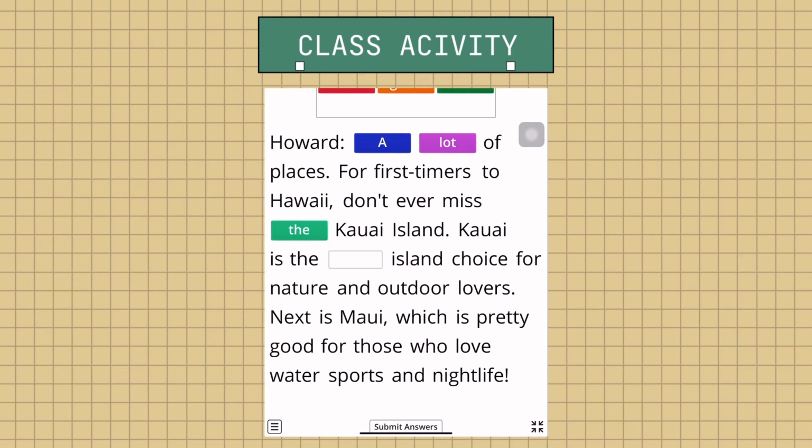Kauai Island is the best island choice for nature and outdoor lovers. Next is Maui, which is pretty good for those who love water sports and nightlife. Okay, let's check the answer. Well done everyone.